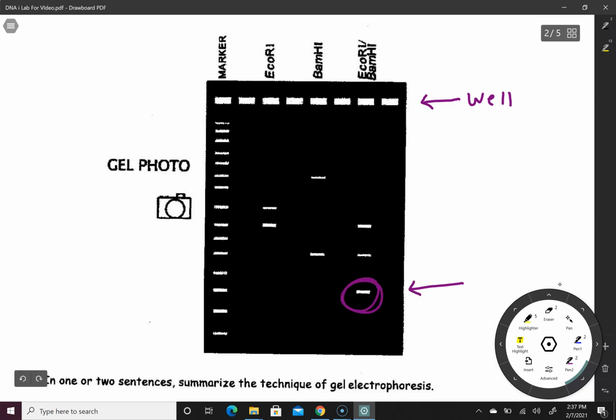Oh, it is purple, you can see it. And this piece will be your largest, and we talked a lot about the smaller the pieces, the further they move down the gel. And then this thing was your ladder, and that will allow you to determine how big each piece is. This, of course, is going to do you no good because the ladder is not labeled, but in what we practice, it will be.